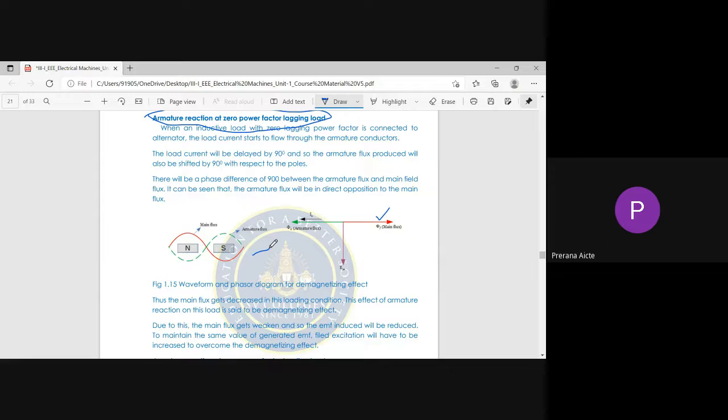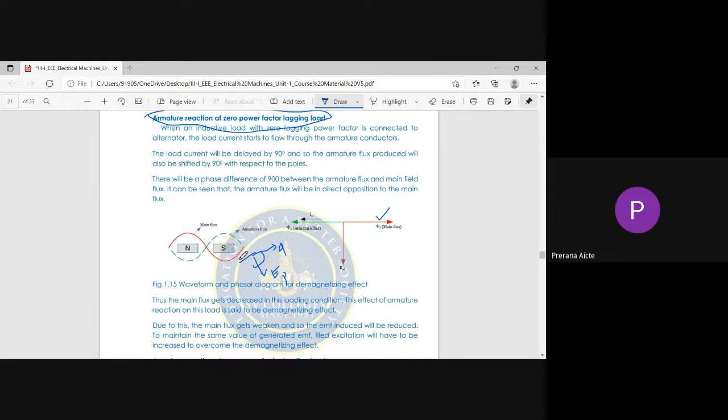Suppose this is the flux vector, and E phase lags it by 90 degrees. When the pure inductive load is connected, the IA current starts flowing through the armature terminals.